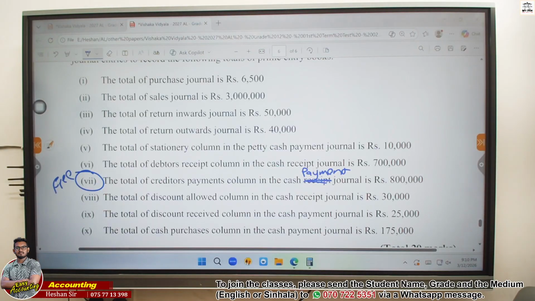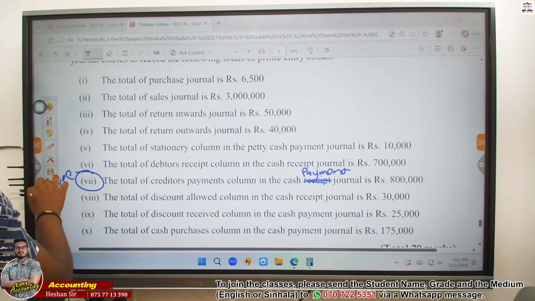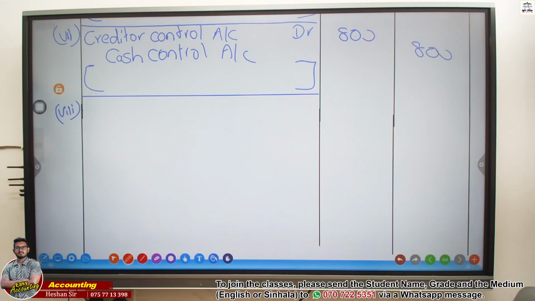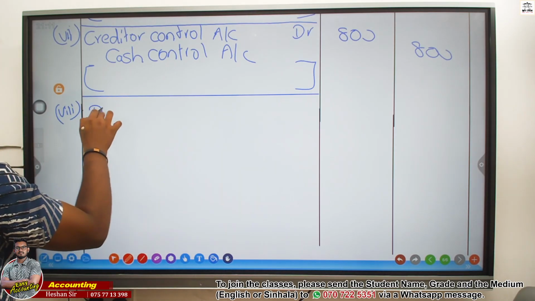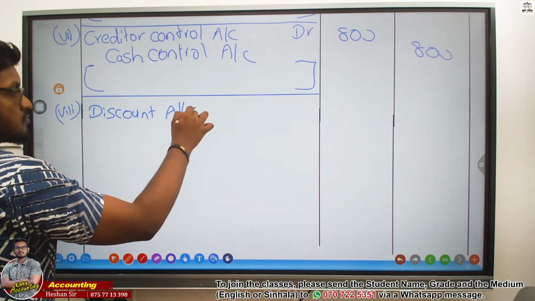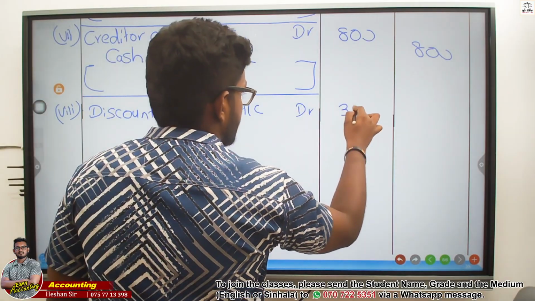Right? The total of the discount allowed column in the cash receipt journal is 30. So discount allowed account debit 30.